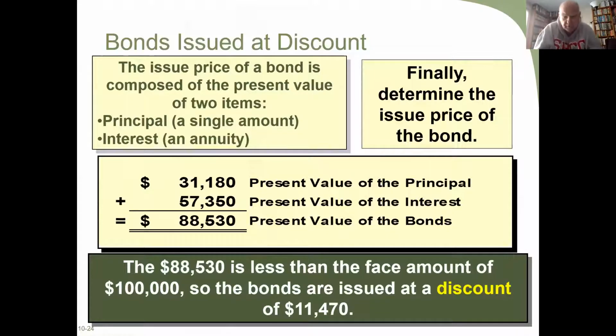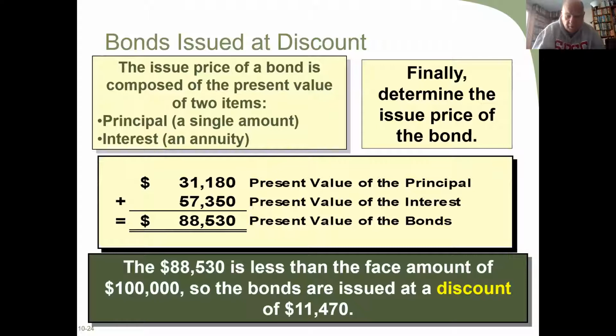I assume you are good with coming up with the present value of the bond? If you're still stuck on this, let me know. But that's how you come up with the issue price of a bond: present value of the principal plus the present value of the annuity. A bond has those two components.